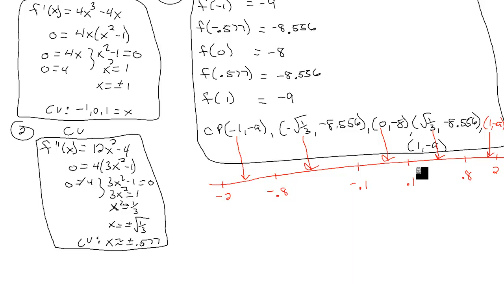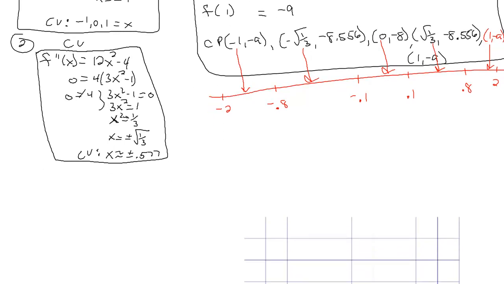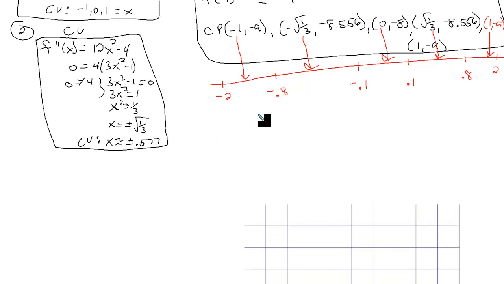So let's do this. We're going to put in f of -2 and f of -0.8. Do some comparisons. We're going to put in f of -0.8 and f of -0.1. Do some comparisons. I'll tell you what, there is no room to do all this.